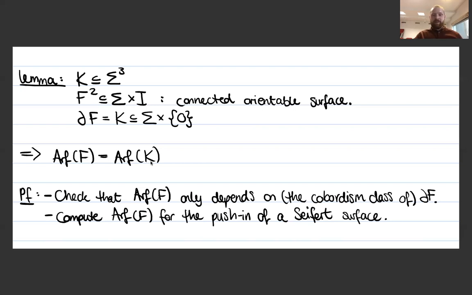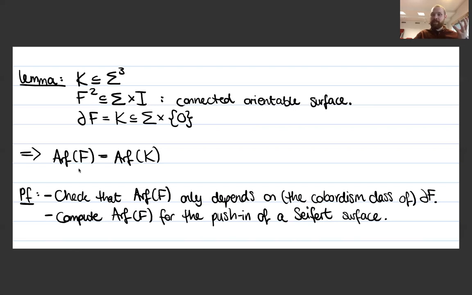And so you first check that, and in fact, it only depends on the cobordism class of the boundary, although we won't be using that. But that just means you can add a little cobordism, a little annulus, and that's away from all the topology of F, so that wouldn't change this left-hand term over here. And so you can just compute Arf of F by choosing any surface with its boundary.